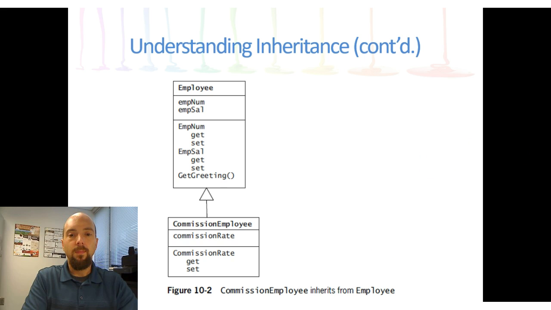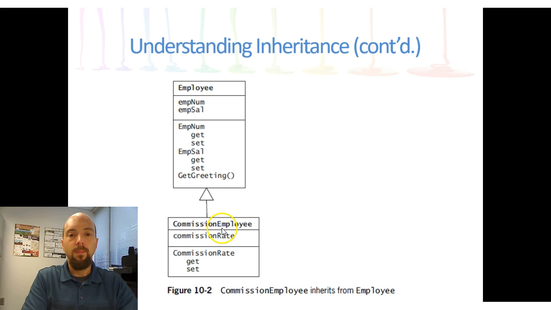Alright, so what happens is we may have employees, but we may also have commissioned employees. And what this means is that if we have an employee that receives commission, they're still an employee, so they get all of the basic characteristics of an employee, but then they're also going to get some other things. So you'll notice here's our employee. We have the employee number, the salary, the ability to get and set the employee number and the salary, and then we have our ability to get the greeting.